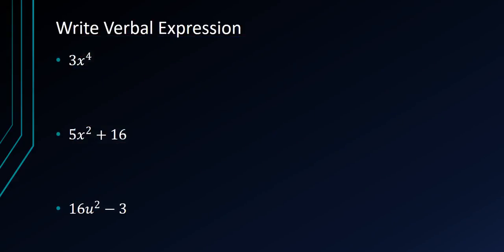So here we want to write a verbal expression. That means write this expression out in words. So I want you to try to use as many of the keywords that you're not as familiar with. So for example, this 3 is right next to x to the 4th, so I know it's getting multiplied. So you could say 3 times x to the 4th power. But I'm going to try and use a word that we don't use as much, product.